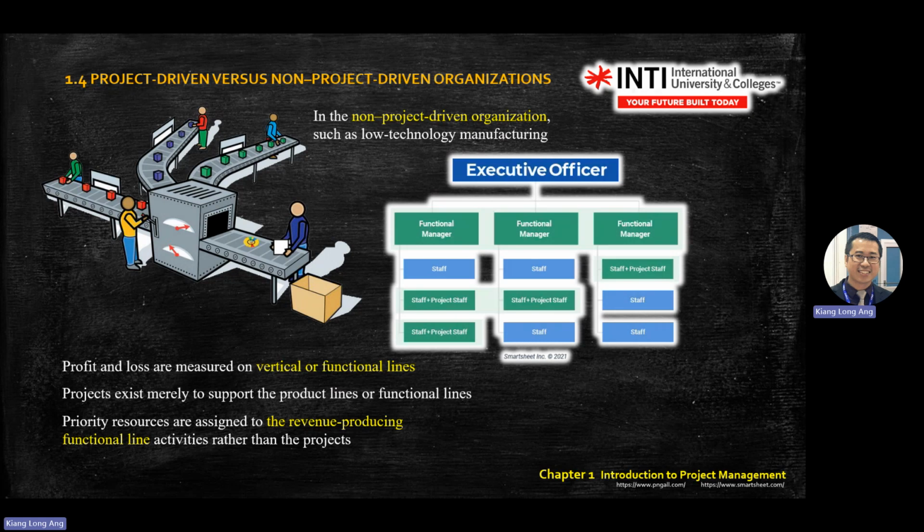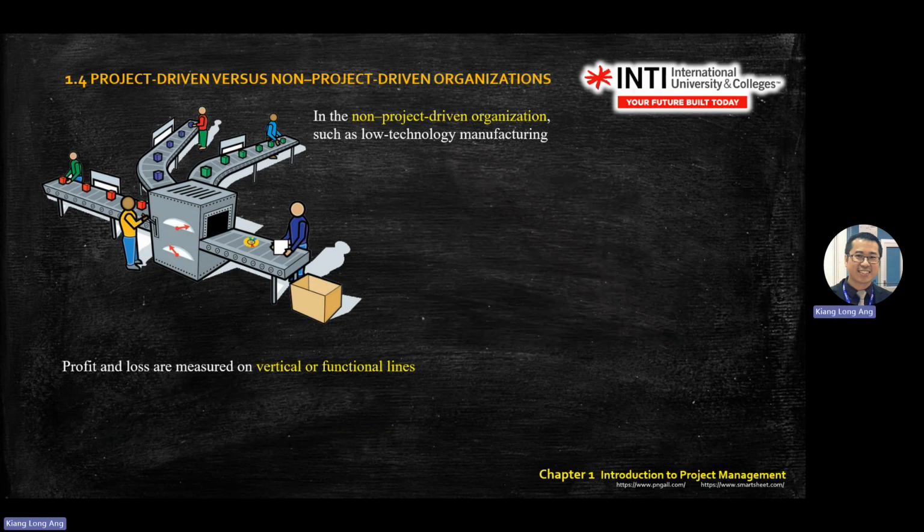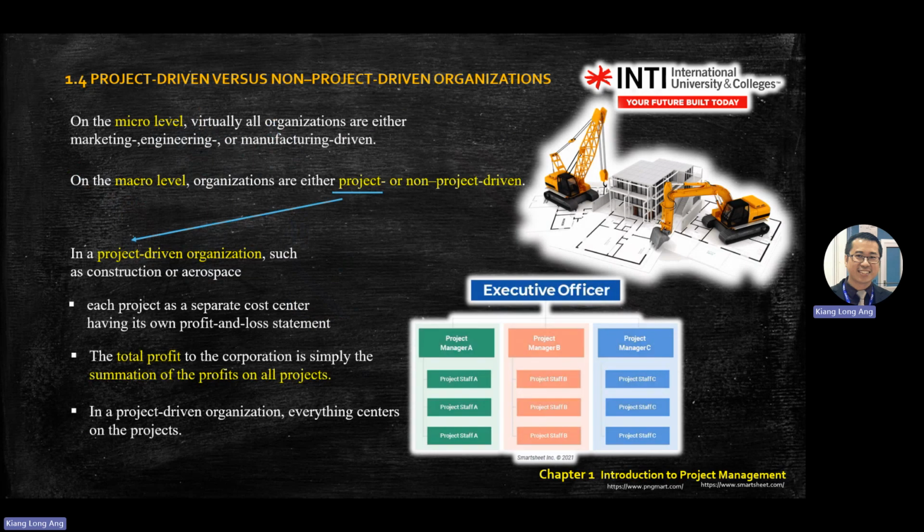There's a mixture, but they focus on the function, on the department. Inside the department, they have a mixture of project staff. So here you see the green color mixed with the blue color, but in the previous one, you see only one color.